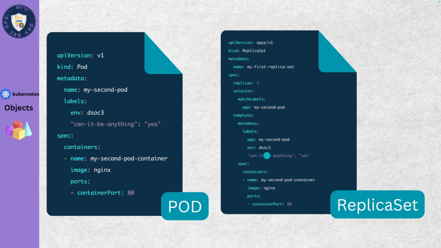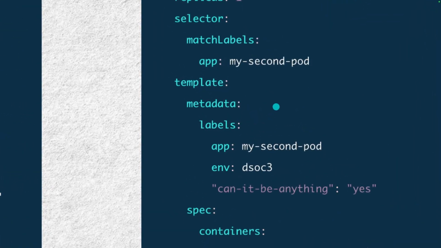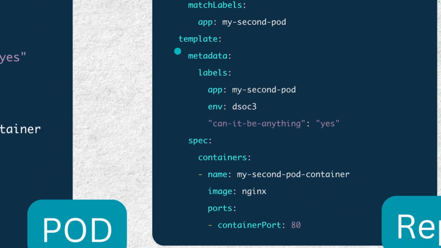So template contains the metadata, labels. Let me zoom in on it. Yeah, so template, metadata, and in metadata we have labels. In the specification we have containers and the name of the container.